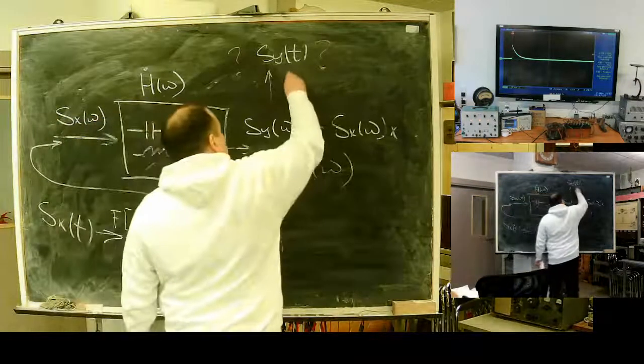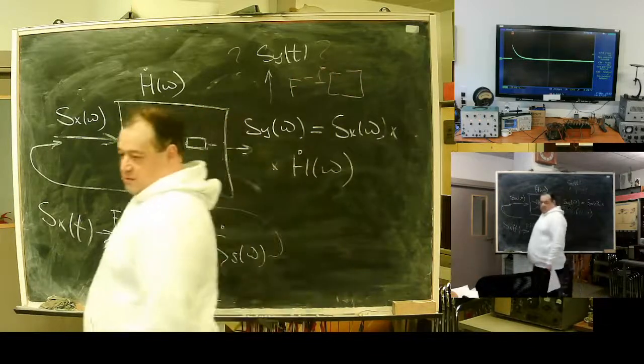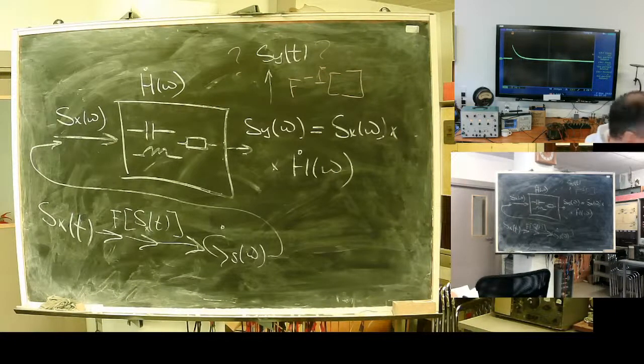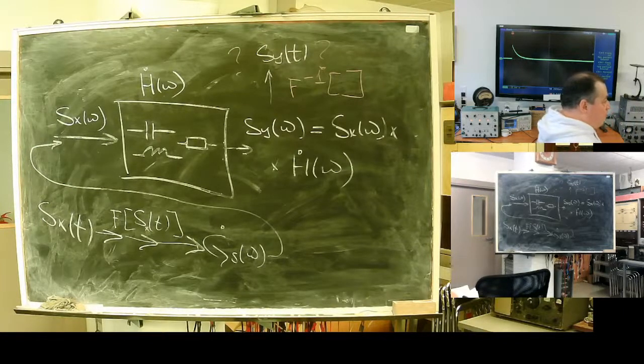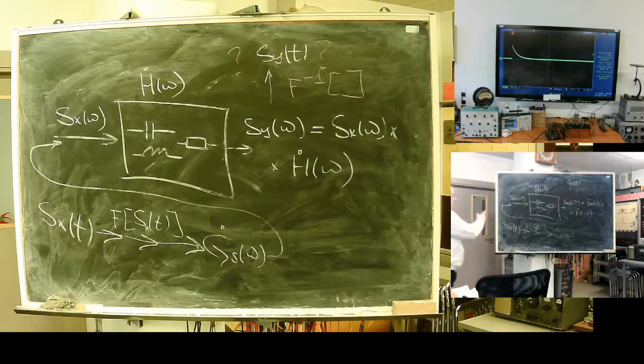I need a way to get results out of the frequency space to our time space. I need an inverse Fourier transform. For the spectral function, I just wrote a formula converting time function to frequency.